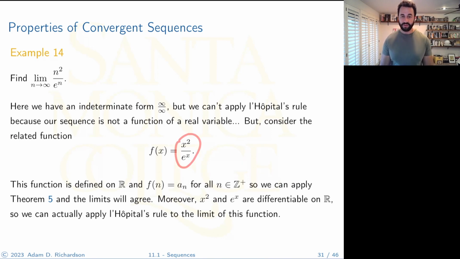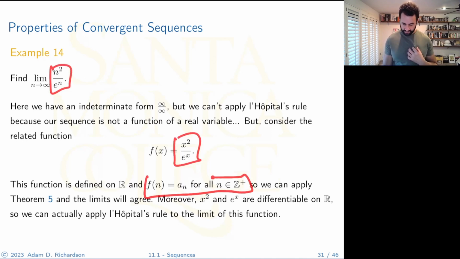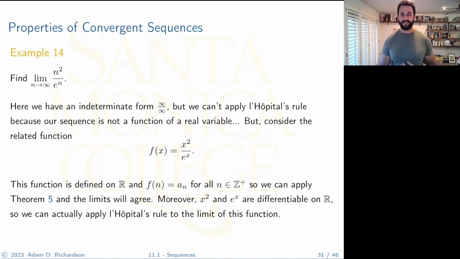This is a function of a real variable. It's defined on all of R, in fact. And we know that our sequence agrees with this function on the positive integers, right? Our stuff agrees with this stuff when it needs to.